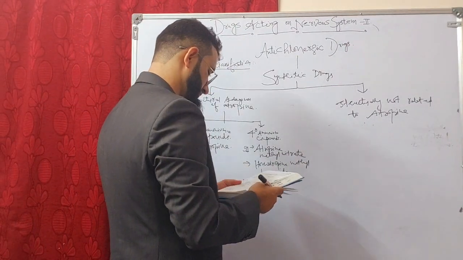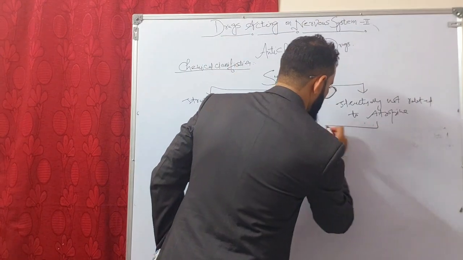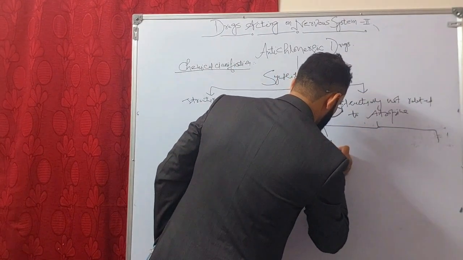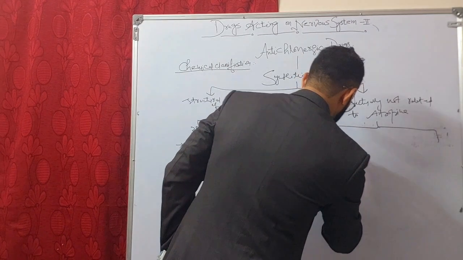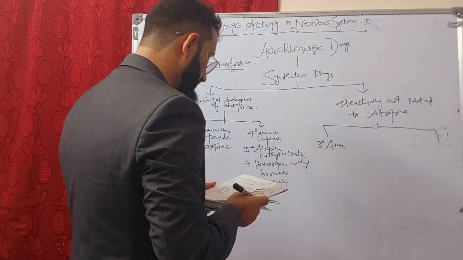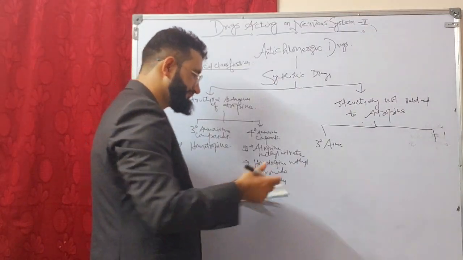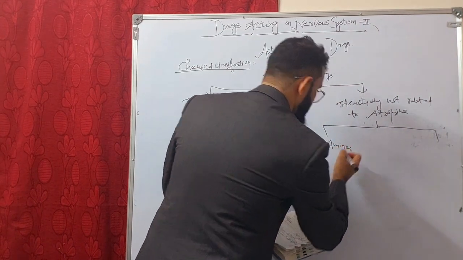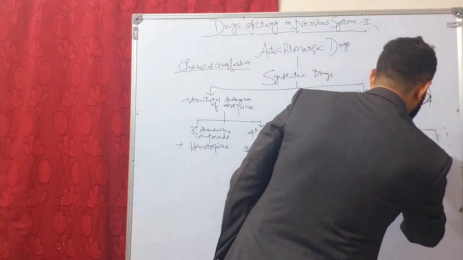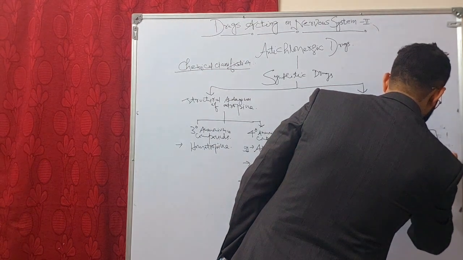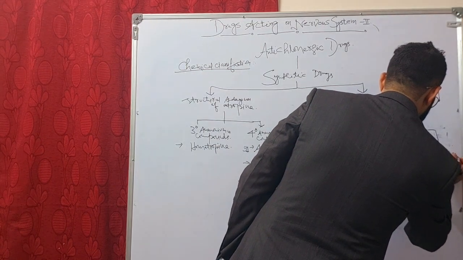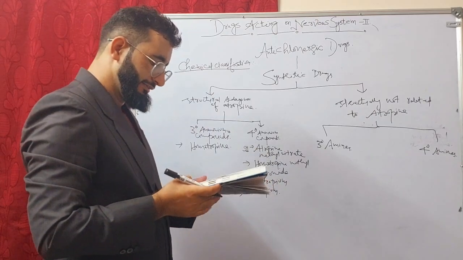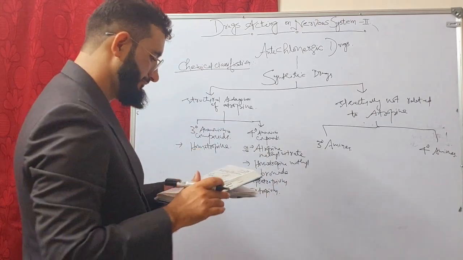One is tertiary amines, and this is quaternary amines. In tertiary amines we have examples.